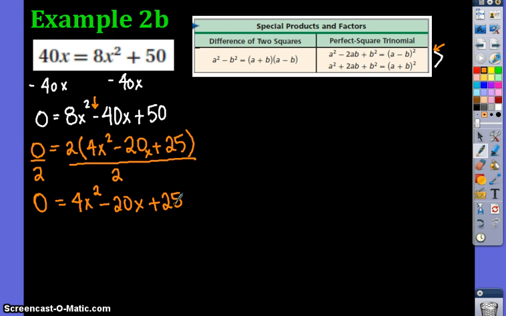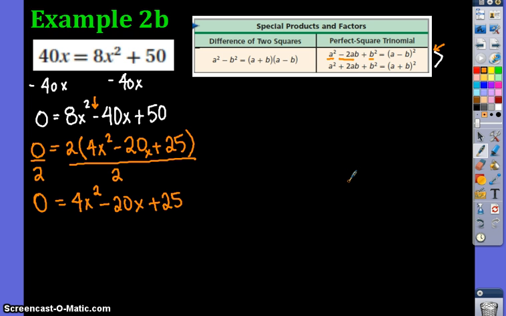All right, so now you can definitely see we're doing an a squared, and then a minus 2 times a times b, and then plus b squared. So here's what we need to be thinking: what is our a? What is our b?